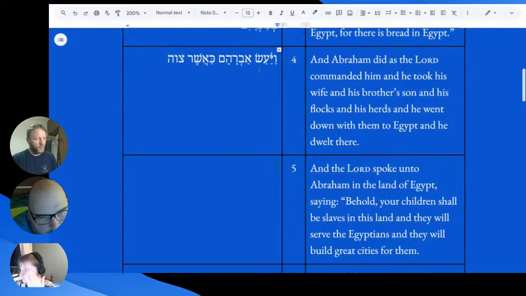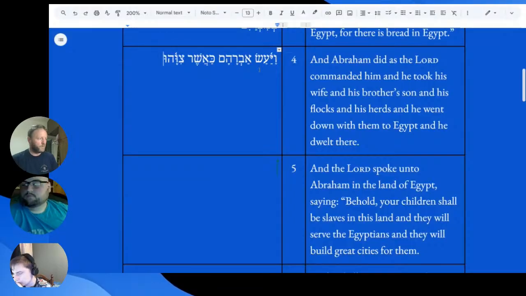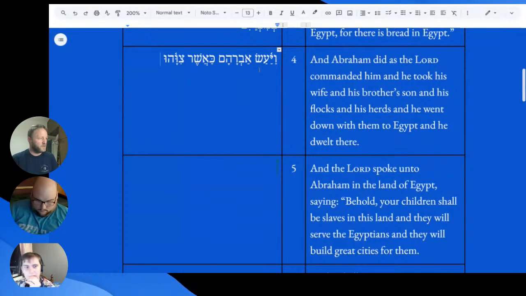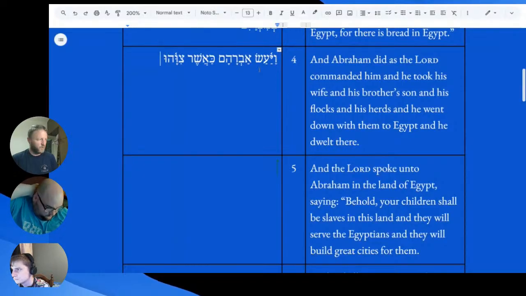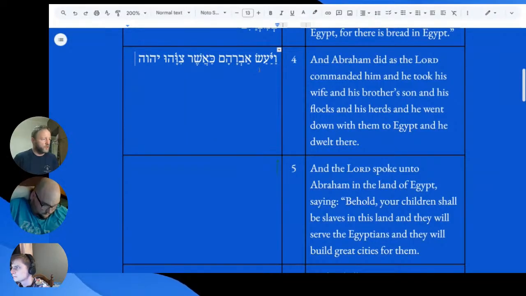But we're going to add him onto it. So it's tzivahu, with the hey, not tzivato or tzivat. Tzivahu. If he commanded us, it's tzivanu. But tzivahu, him. And then we're going to say God. Okay, so Abram did according as tzivahu Adonai, God commanded him.